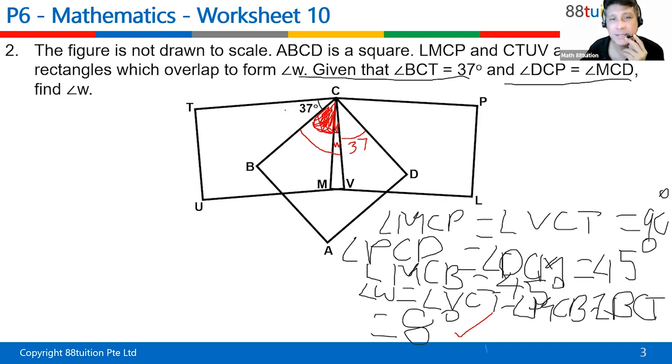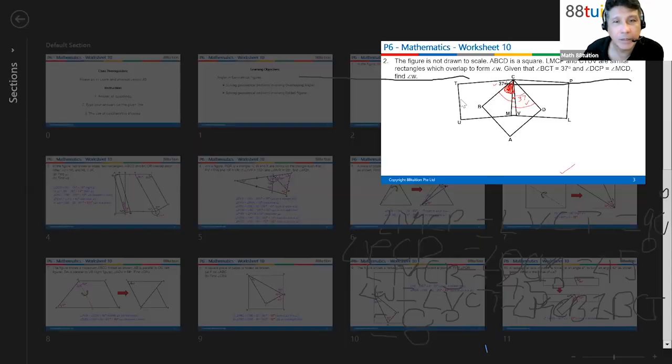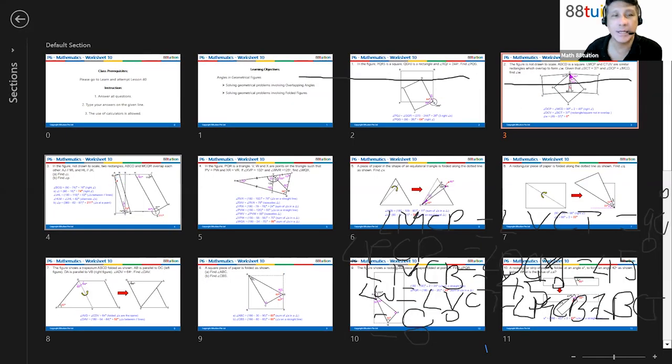So if this one is 37, this side is automatically 37 as well. Then we also know that this is 45. You can take 45 minus 37, you will get your 8 degrees. Okay. So that is question 2. Well done.